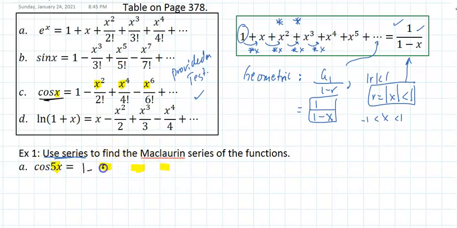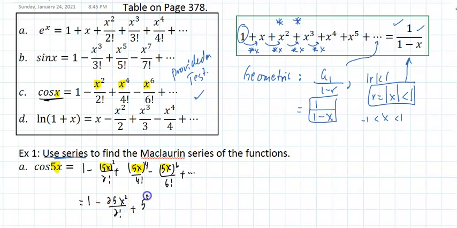So that would be 5x squared over 2 factorial plus 5x to the 4 over 4 factorial minus 5x to the 6 over 6 factorial. And that would be 1 minus 25x squared over 2 factorial.